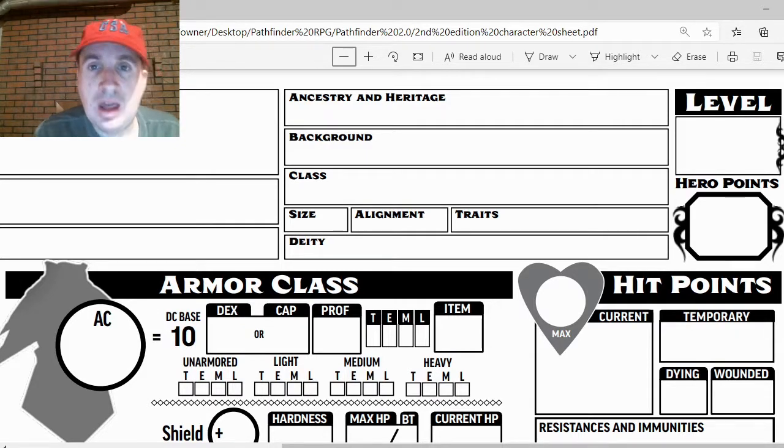In other words, if you are unconscious and bleeding out, you can spend all of your hero points to stop the bleeding. You're still unconscious, but you're out of danger of dying unless an enemy decides to attack you while you're unconscious.